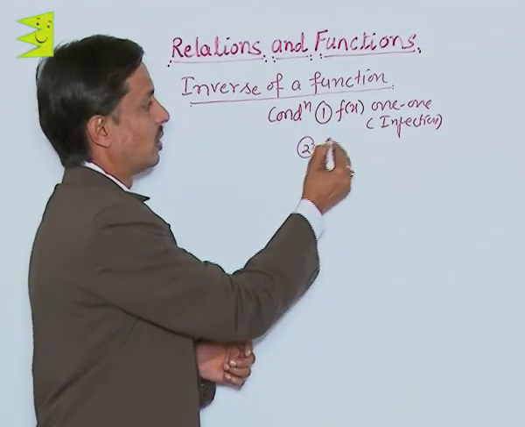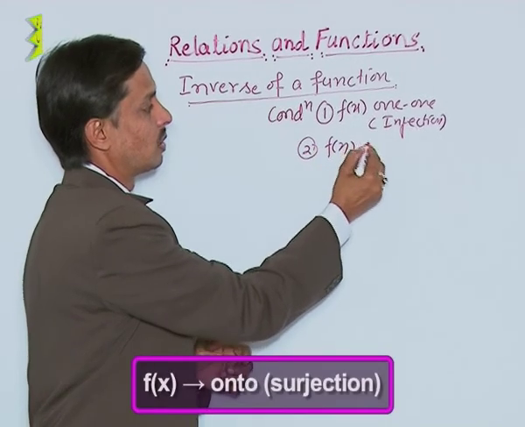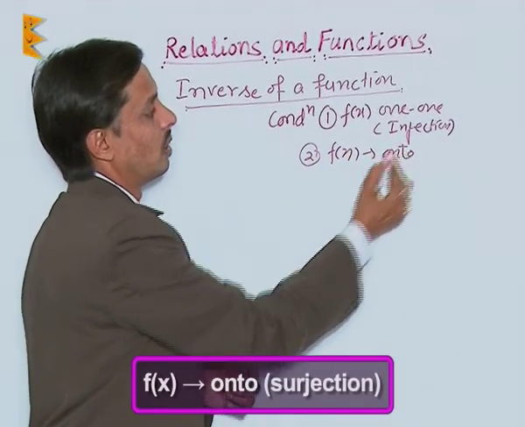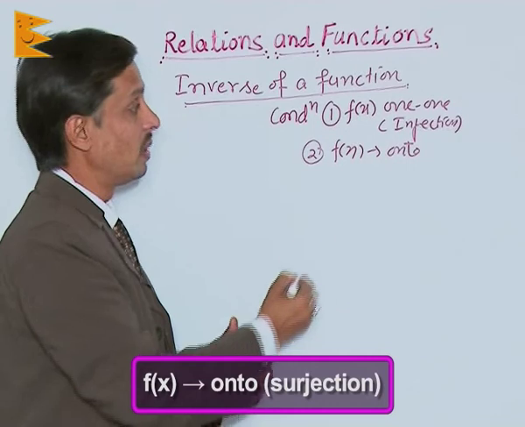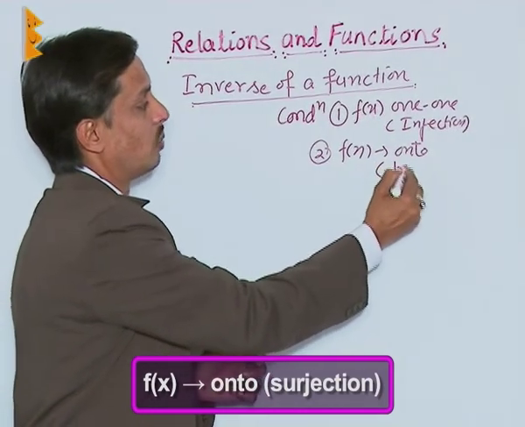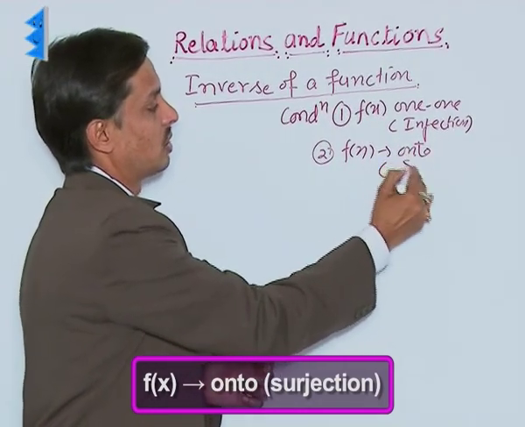And the second condition: the function should be onto. It means that it should be, you can say, surjection.